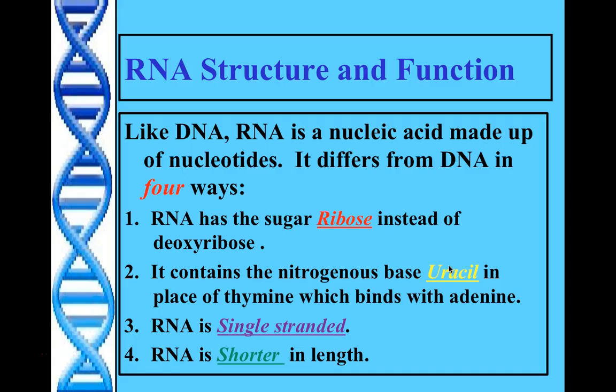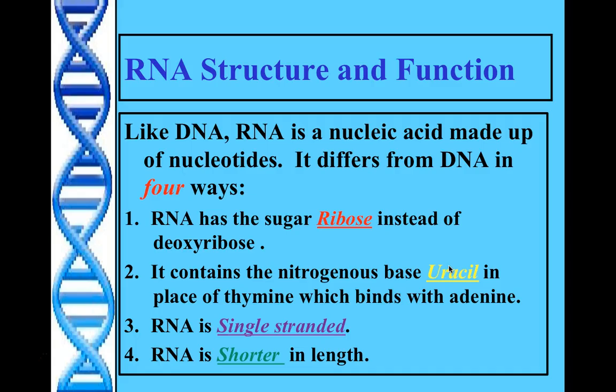And the last difference is that RNA is much shorter in length than DNA. The reason for this is because DNA holds all of the genetic information, but it's not all coded for at the same time, and proteins for every single gene are not coded at the same time.